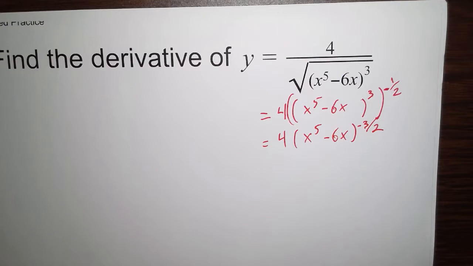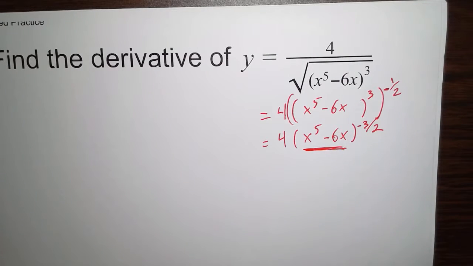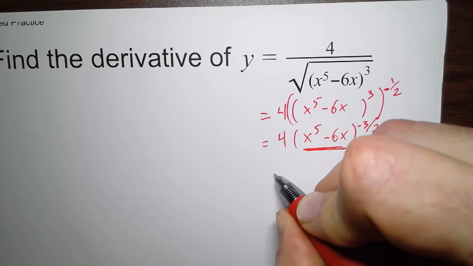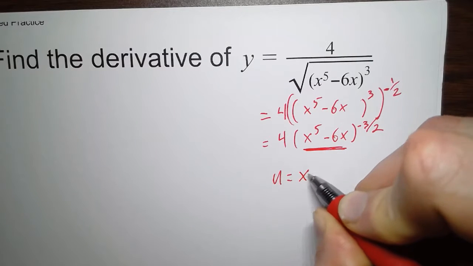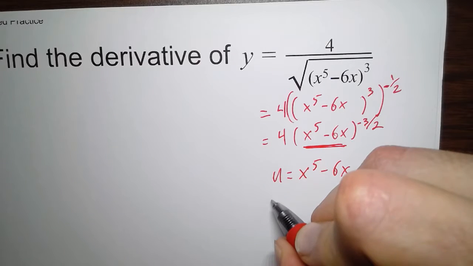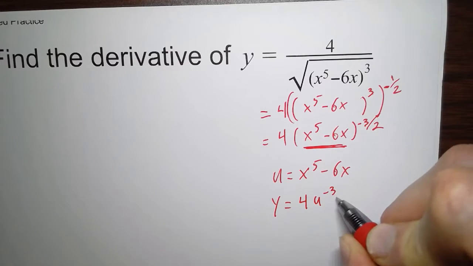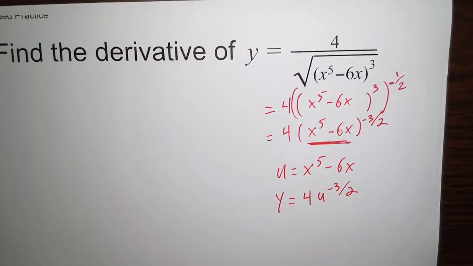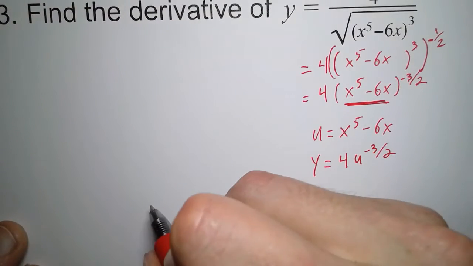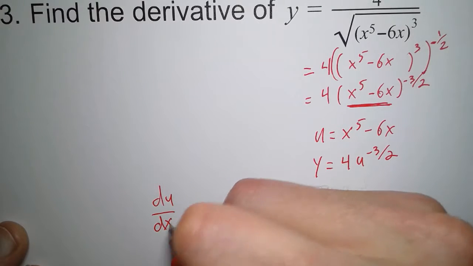So looking for our inside function is going to be that. So u equals x to the 5th minus 6x, and y equals 4u to the negative 3/2. So our two derivatives are going to be du dx.